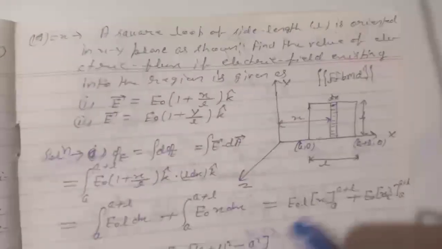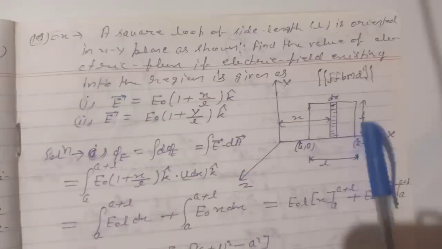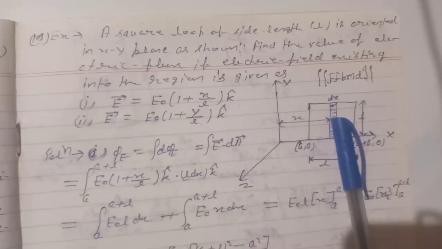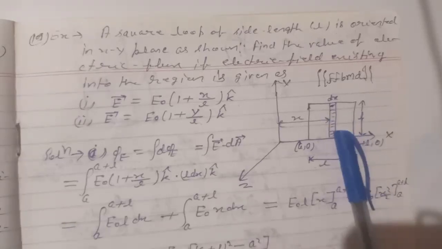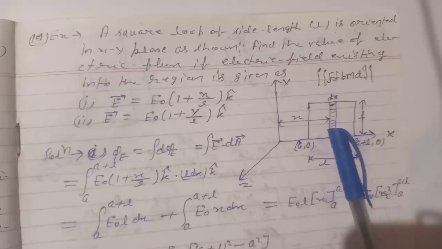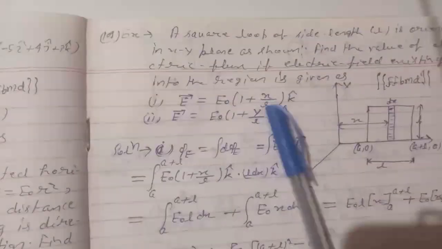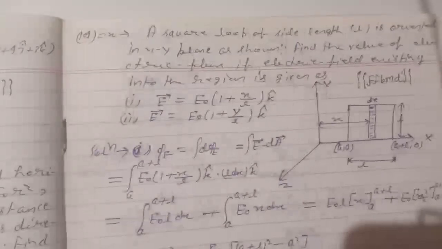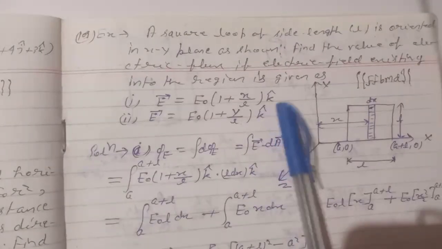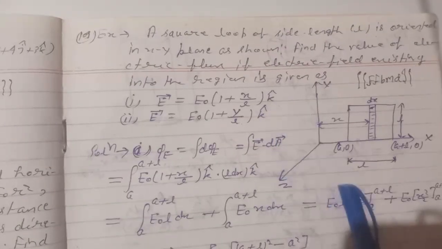Here the situation is shown, the area is in the xy plane, so its unit vector will be along the z direction, and the electric field is given here in vector form, so it is clear from here it is also in the z direction.